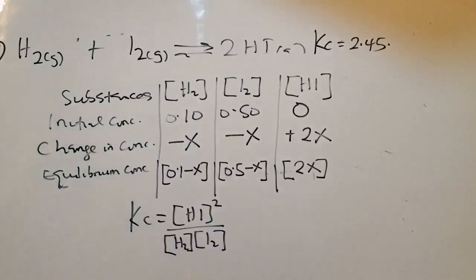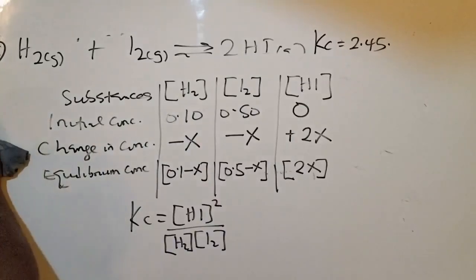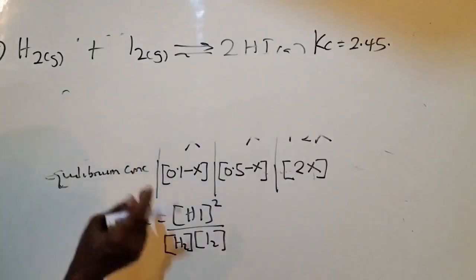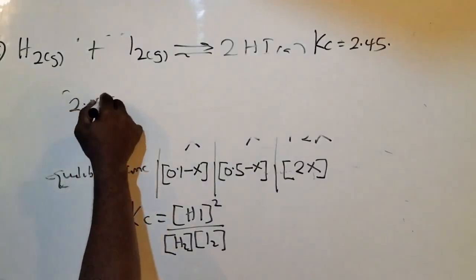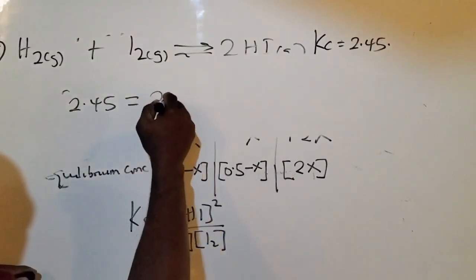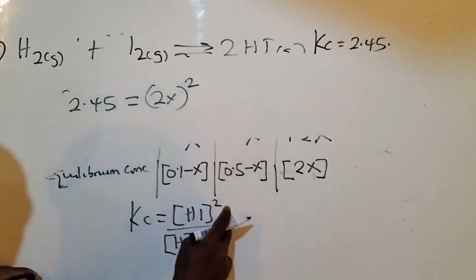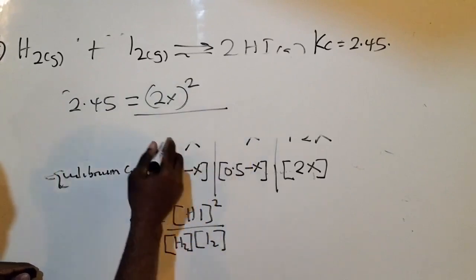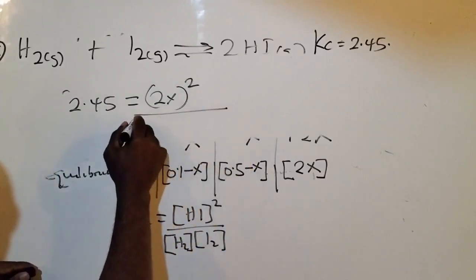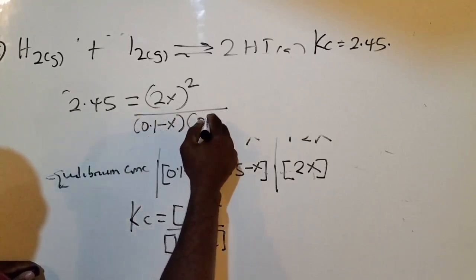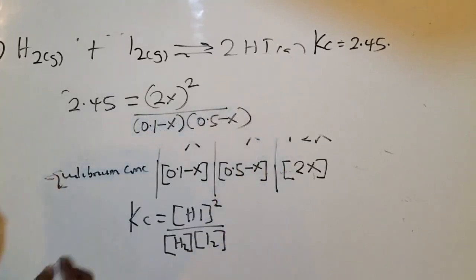So the value of our Kc is 2.45, equal to 2S all squared, all over 0.1 minus S into 0.5 minus S. Because the two reactants are not the same now, this is a different case.